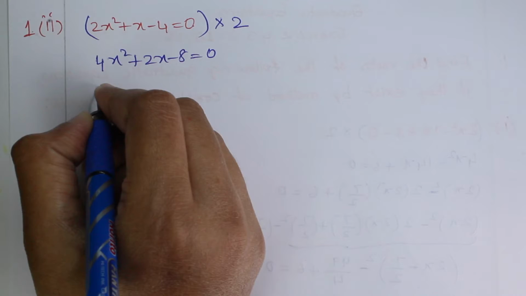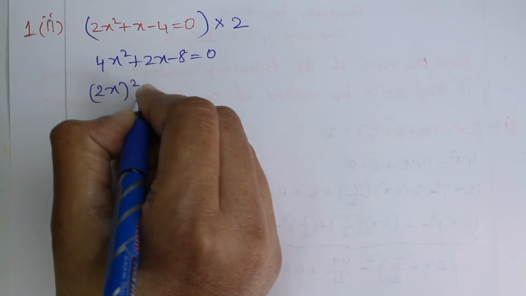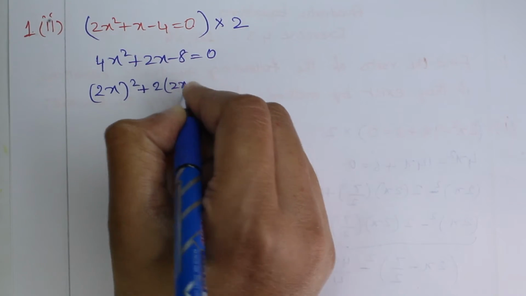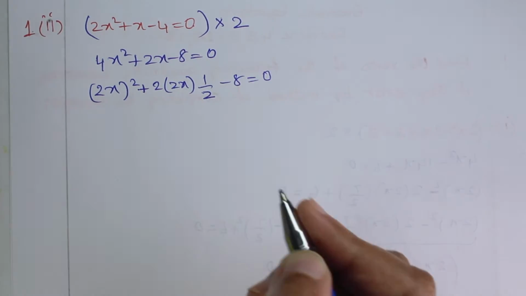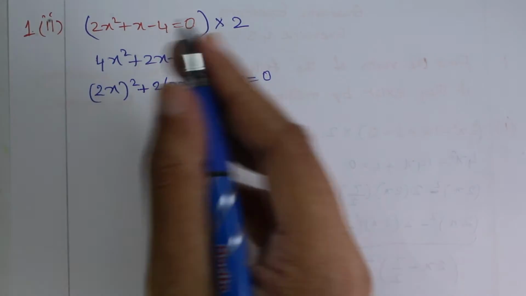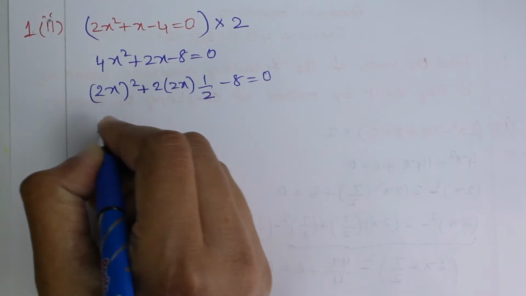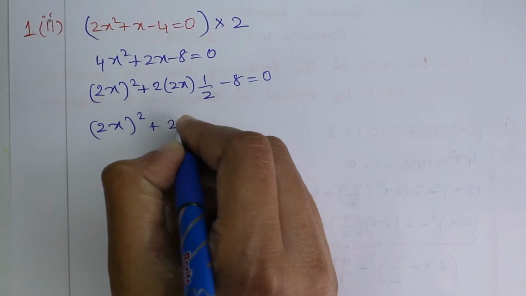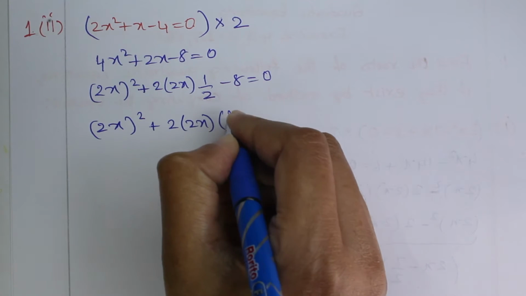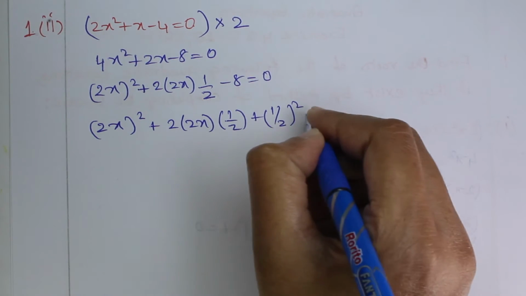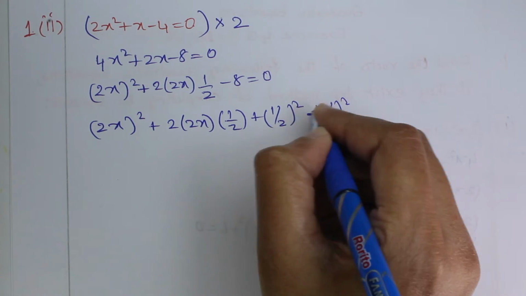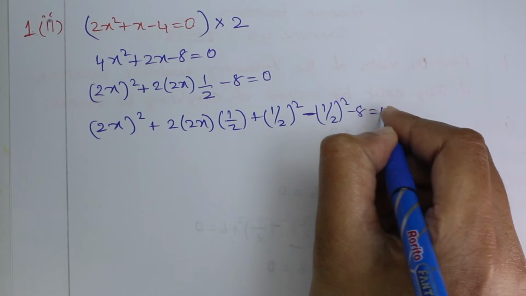So this can be written as 2x whole square plus 2 into 2x into 1 by 2 minus 8 is equal to 0, right? Now this can be again written as 2x whole square plus 2 into 2x into 1 by 2 plus 1 by 2 whole square minus 1 by 2 whole square minus 8 is equal to 0.